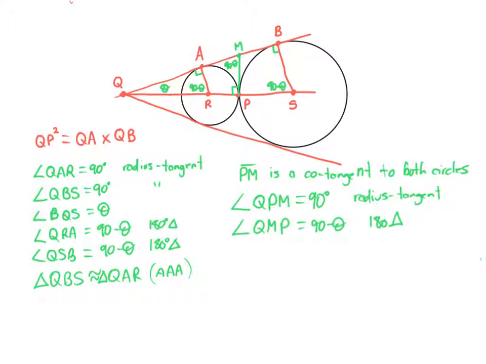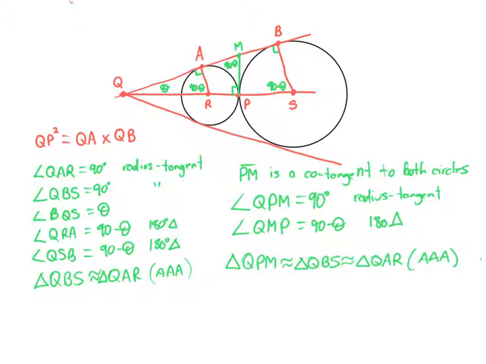So we can say that the triangle QPM is similar to the triangle QBS, which is similar to the triangle QAR, because they've got three angles the same.